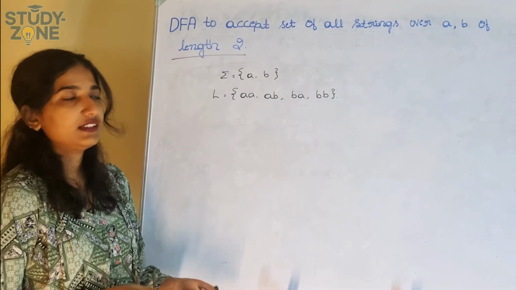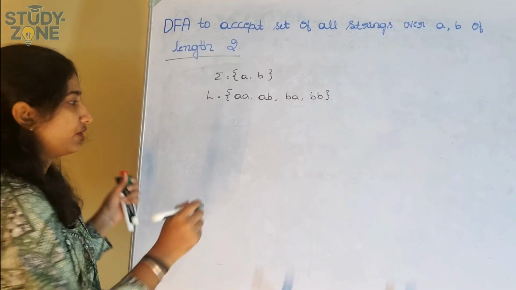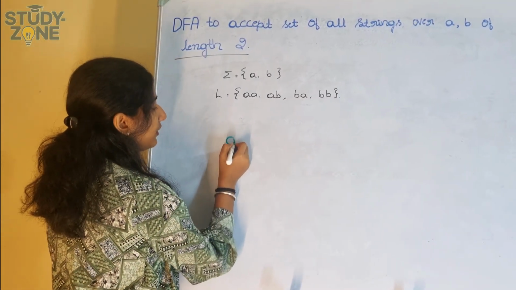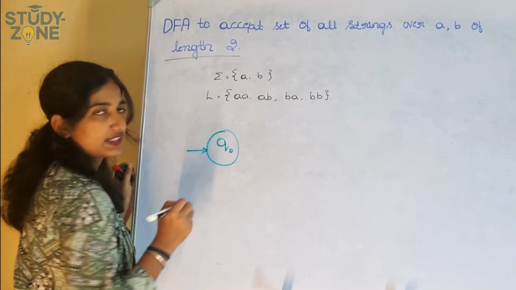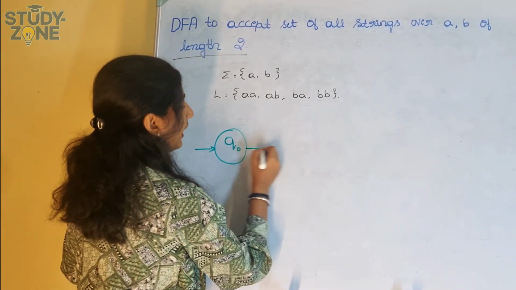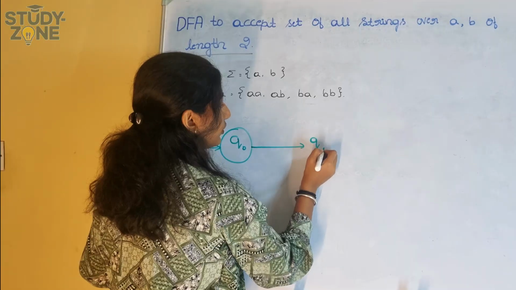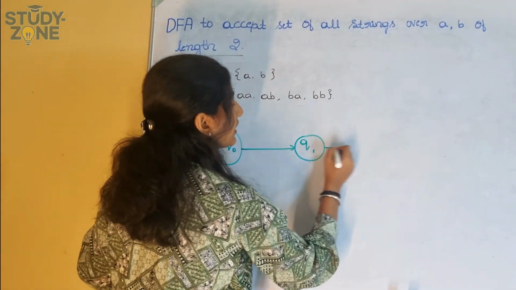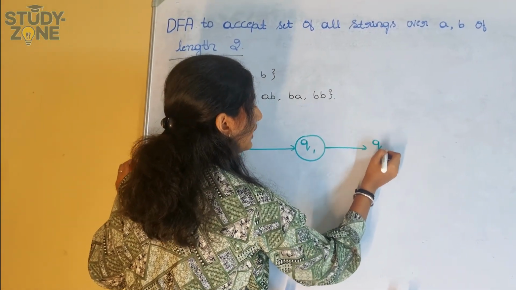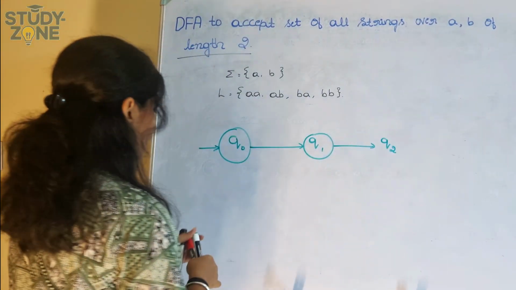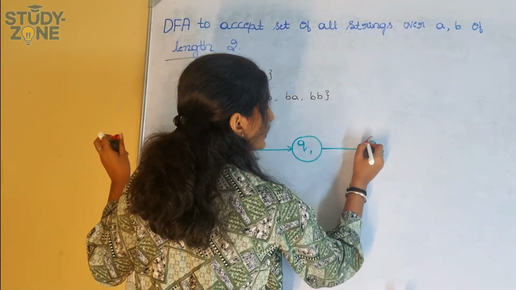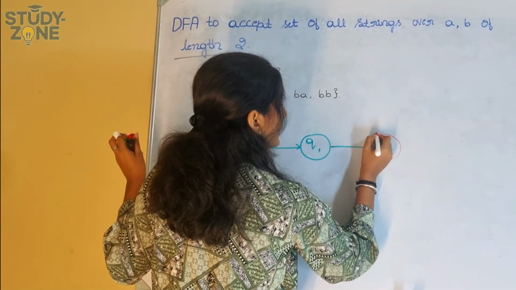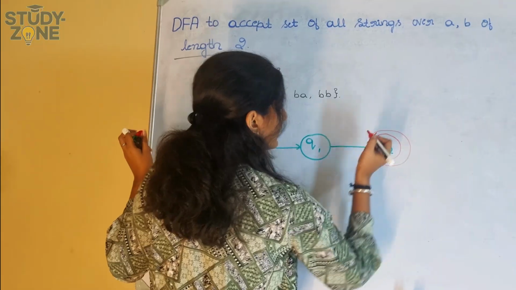To write the transition diagram, at first we have to write the 4 states that we have already discussed, where Q0 is the starting state, Q1 is the state which has read 1 symbol, and Q2 is the state which has read 2 symbols. This is the hero of our problem, because it is the accepting state.